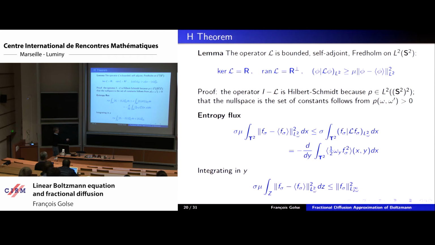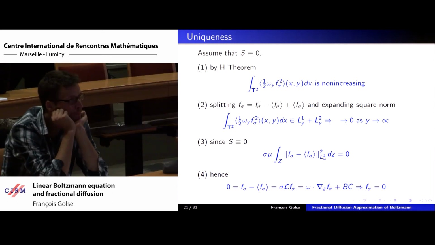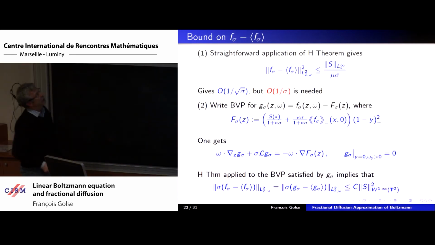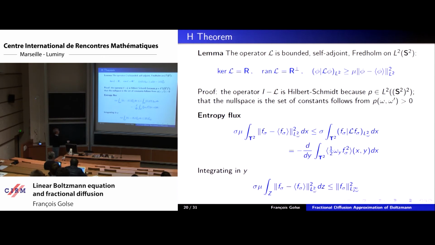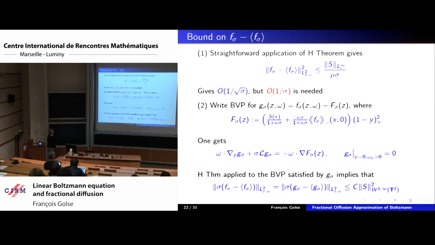But this control tells you that f sigma minus its average is of order 1 over square root of sigma, right? Let me skip that for the moment. If you return to this estimate here, you see immediately that because this is uniformly bounded, this L2 norm here is controlled by a constant over square root of sigma.